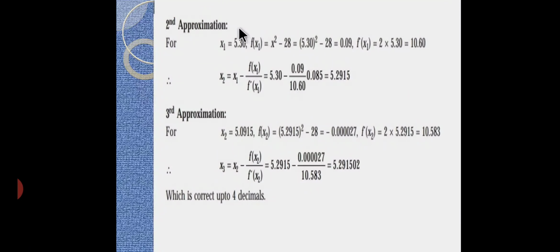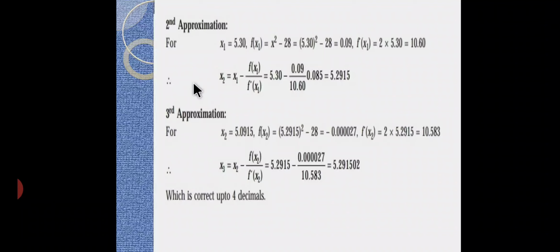Now we find the values of f of x1 and f dash of x1 for the second iteration. So f of 5.3 is equal to 5.3 whole square minus 28, so we get 0.09. And f dash of 5.3 is equal to 2 into 5.3, that is equal to 10.60.